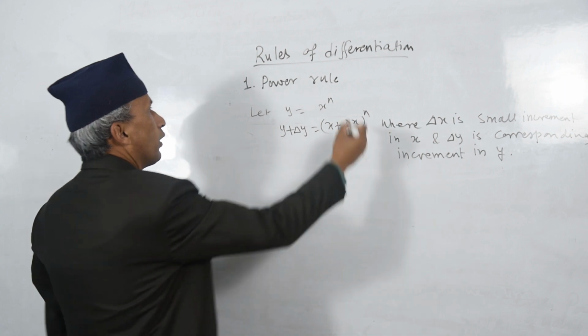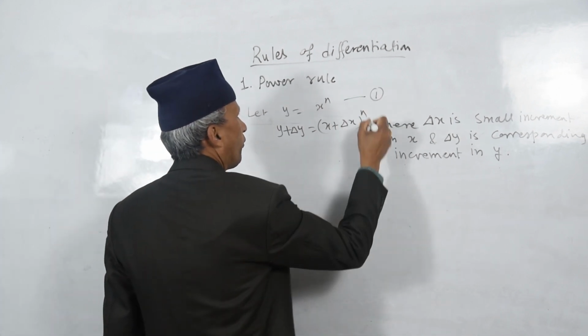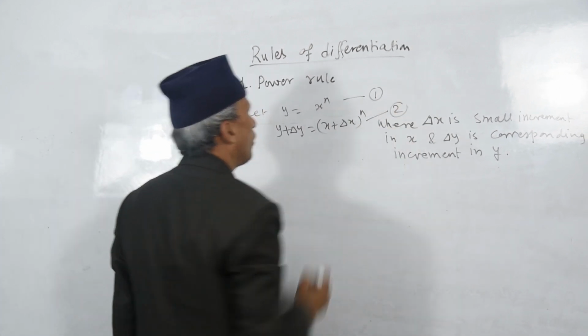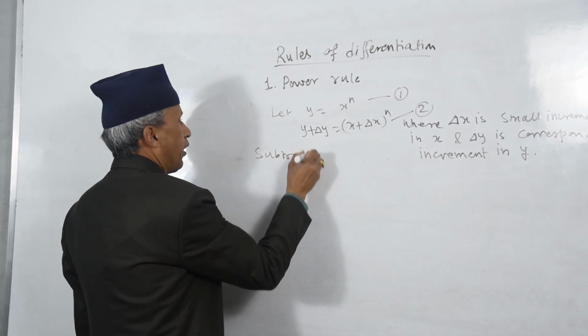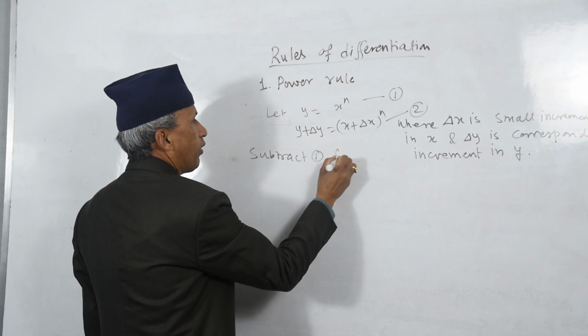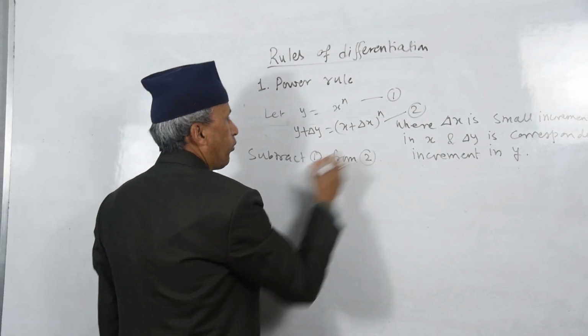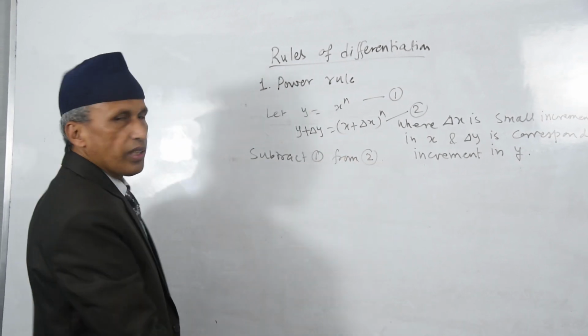Let this be equation 1 and this equation 2. Subtract 1 from 2. What do you get?